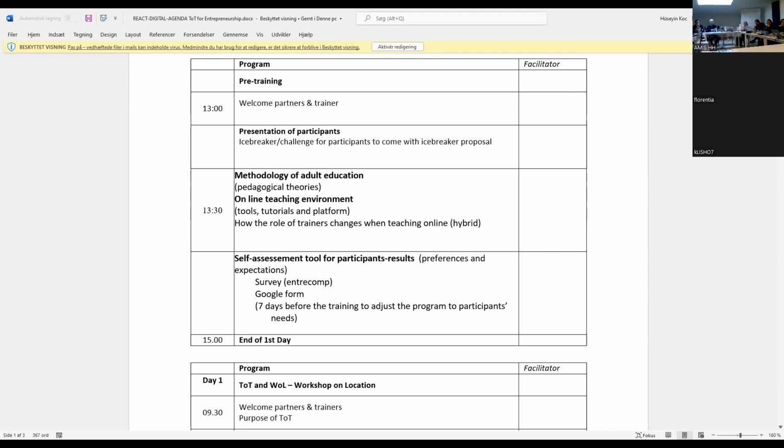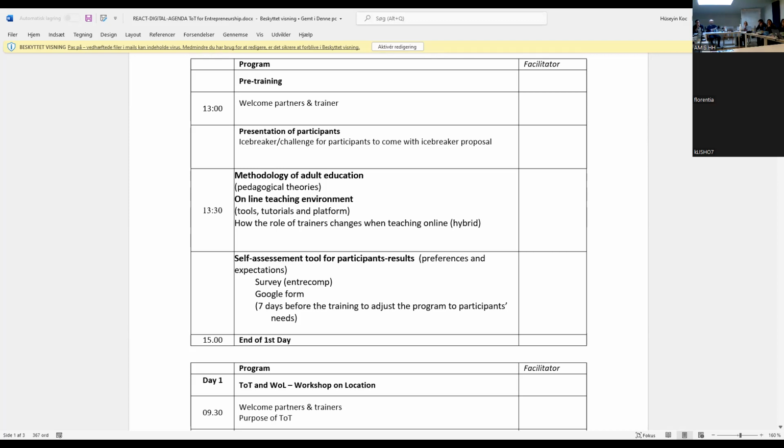Yes, this self-assessment does not have to be in a pre-training. We thought that we can do the questionnaire for the participants in order to know what they expect of the training. So we will have enough time to rearrange the training to be as close to their needs as possible.